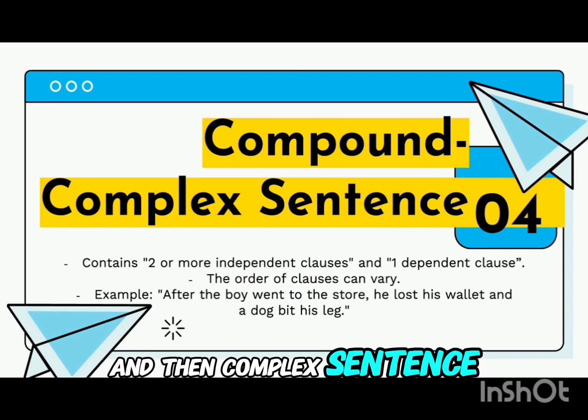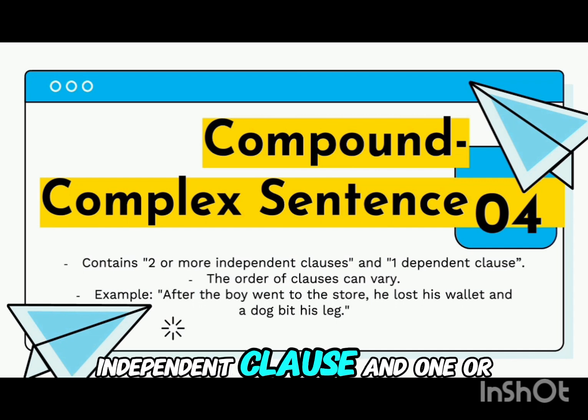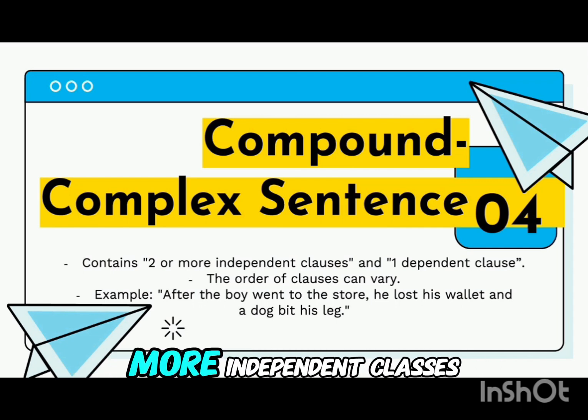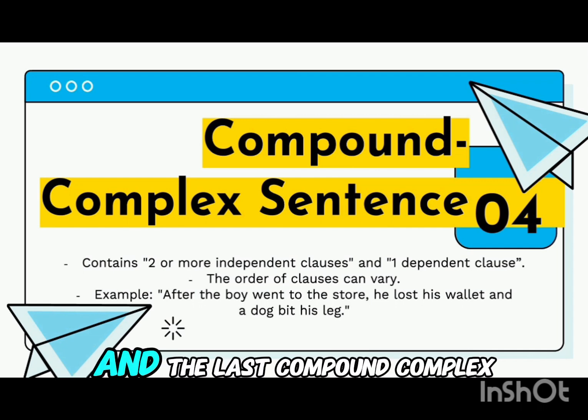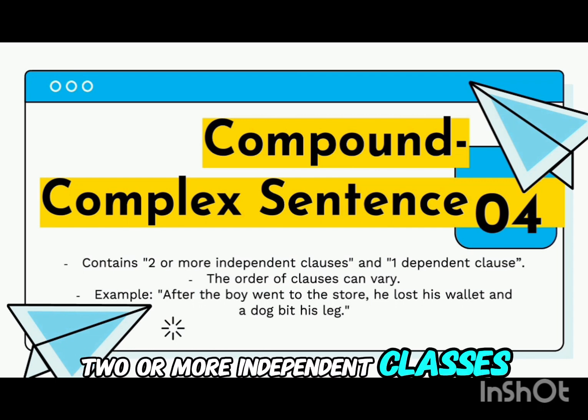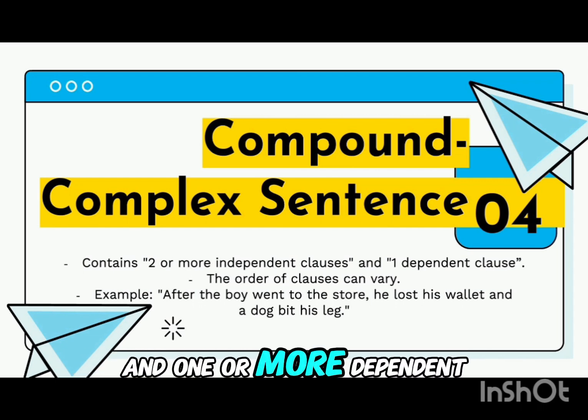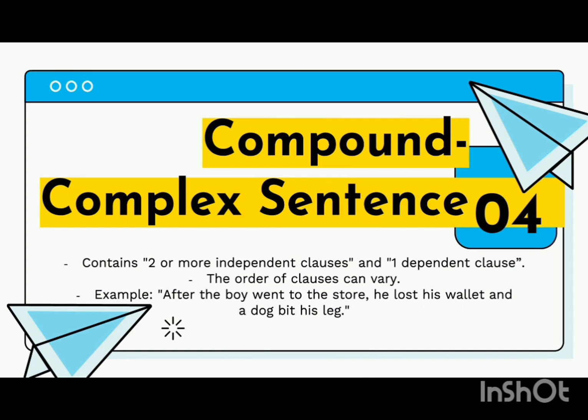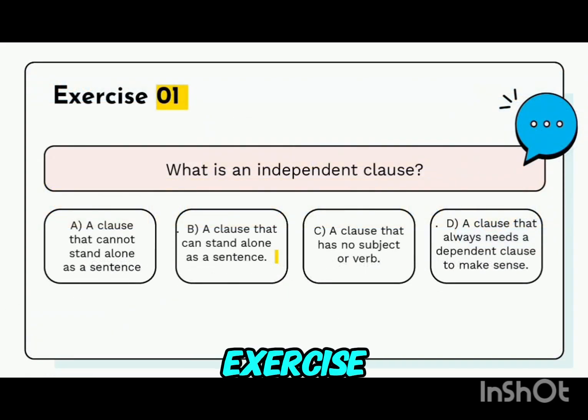Then complex sentence, one independent clause and one or more dependent clauses. And the last, compound complex sentence, two or more independent clauses and one or more dependent clauses. So go on to the exercise.